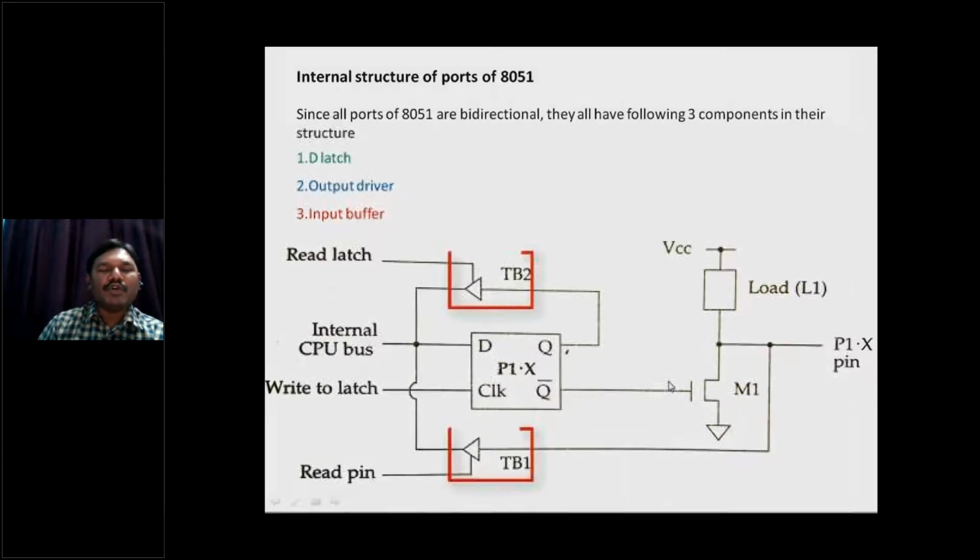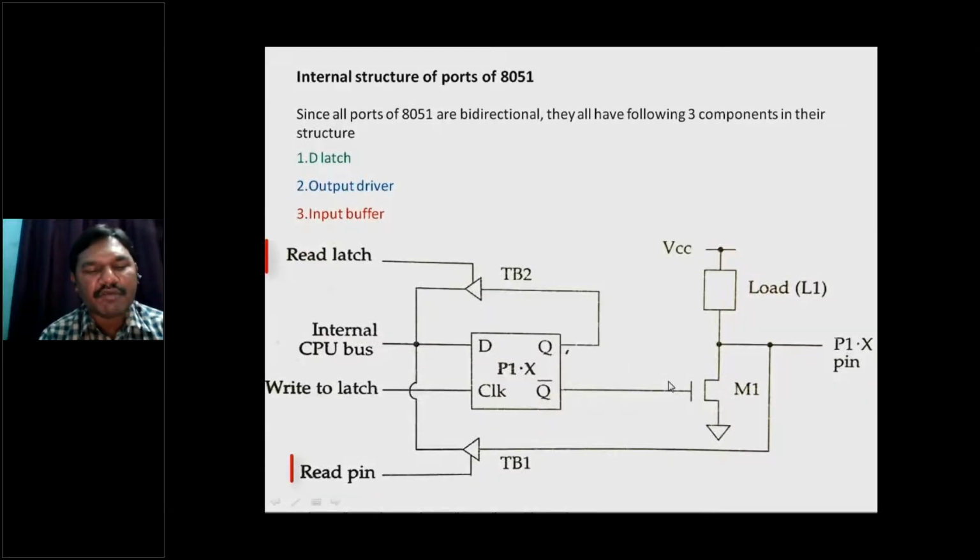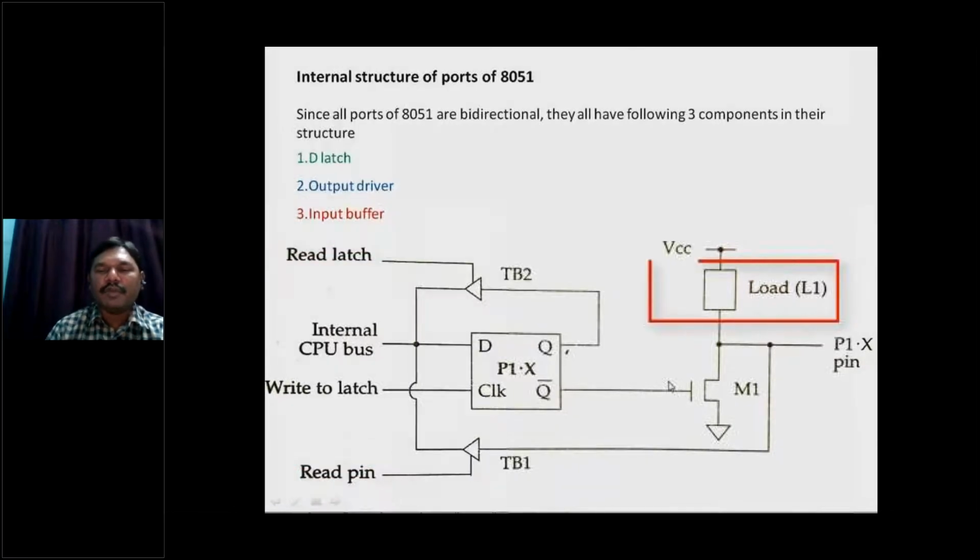This diagram is the port 1 architecture and it has two tri-state buffers. TB stands for tri-state buffers. One is to read the latch data from the latch and one is to read the data from the pin. So this is called the pin.